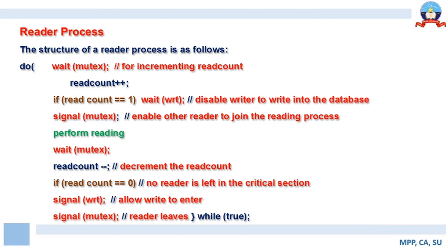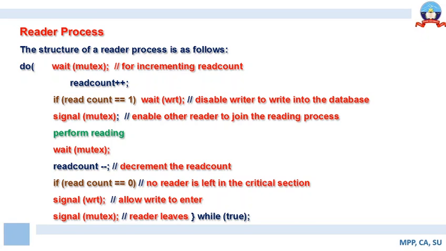Whereas in the case of the reader process, first we need to implement a wait on mutex. Mutex allows operations on read count. If the read count is incremented and becomes equal to 1, then you need to disable the writer from performing the write operation.